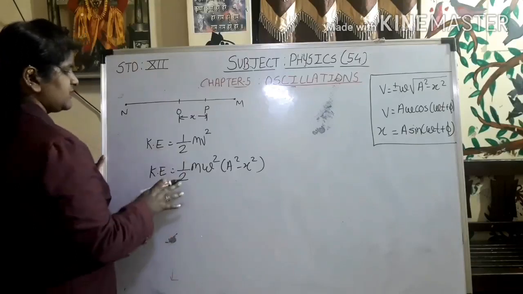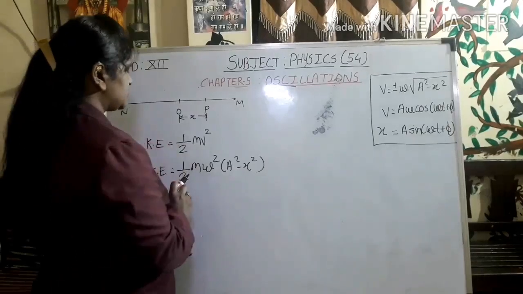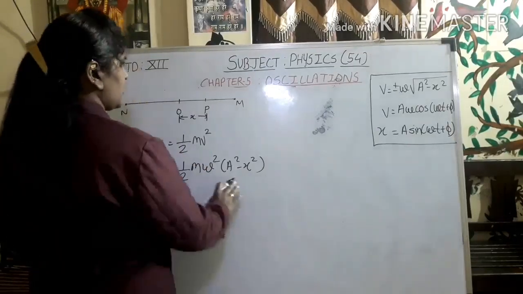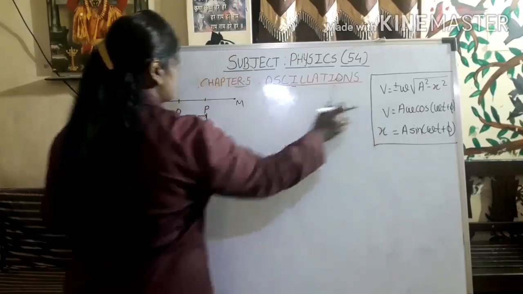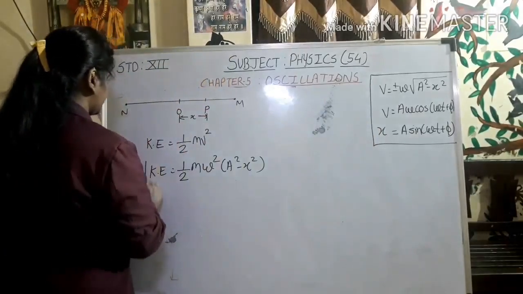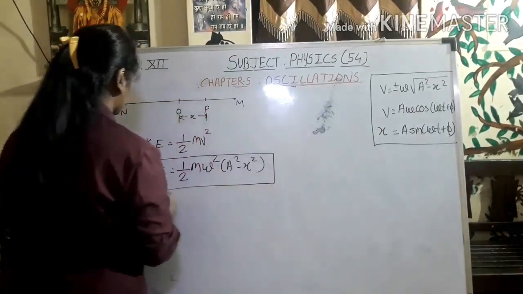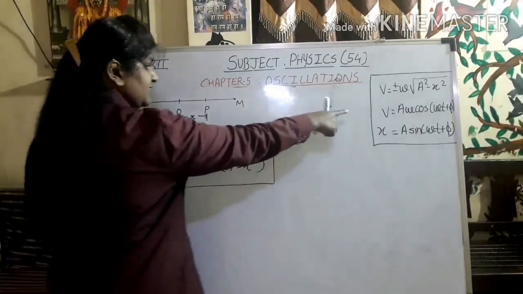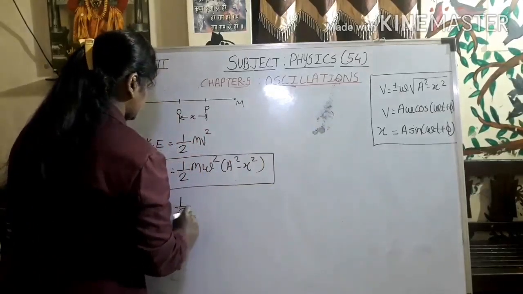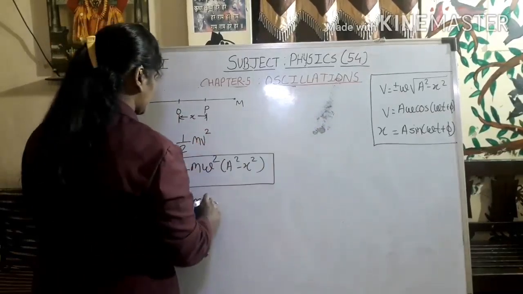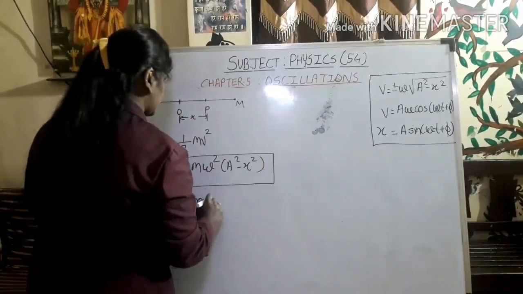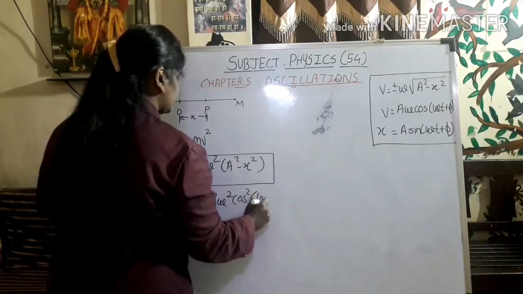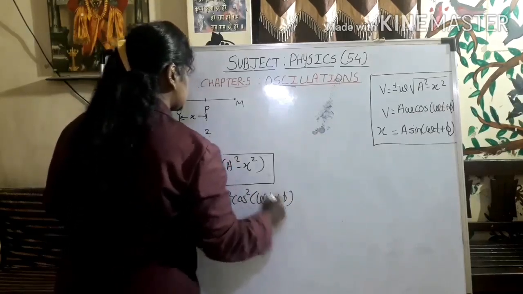So you got the equation of kinetic energy as half m omega square into a square minus x square, or you can find it by putting the second equation: half m V square is that, so a square omega square cos square omega t plus phi.